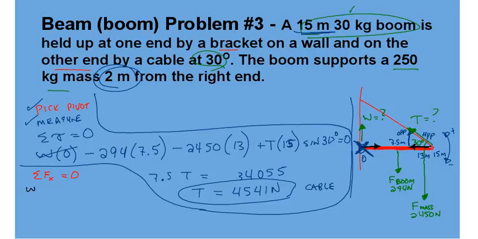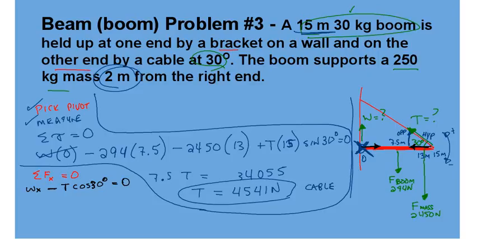I'm going to call this W sub x, which will be the wall pushing to the right, therefore it's positive, and then I'd have the tension pulling to the left, left would be minus, T cosine 30, equals 0, and I could build that equation right there.